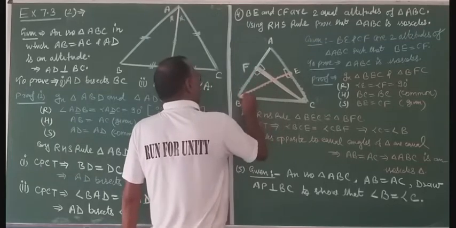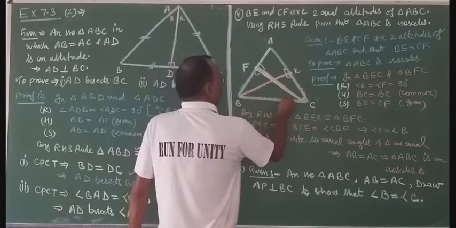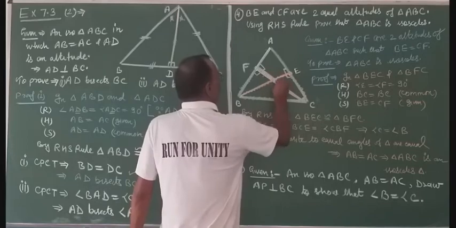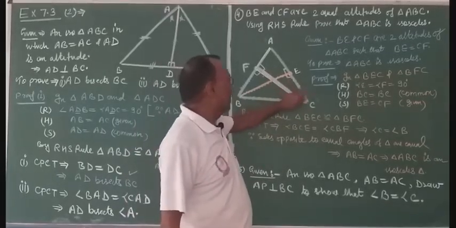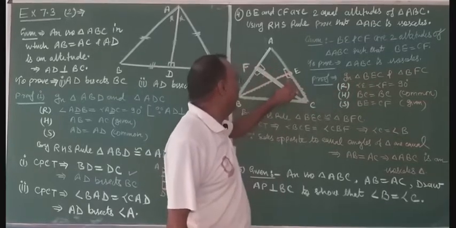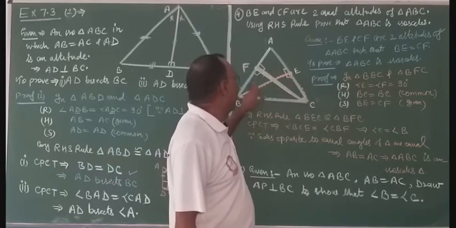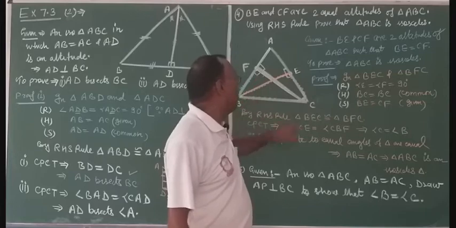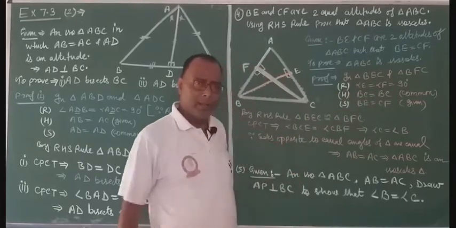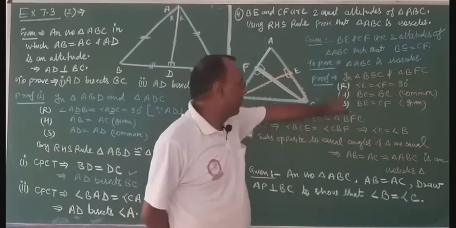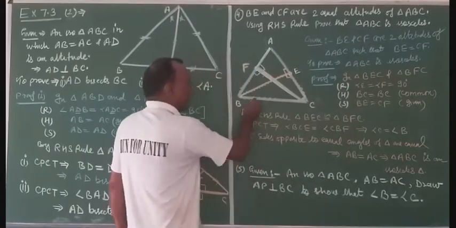This is triangle BFC or not? Just look at these two parts. In triangle BEC, angle E is 90, and this angle F of triangle BFC is 90. So angle E is equal to angle F is equal to 90. That is a right angle.